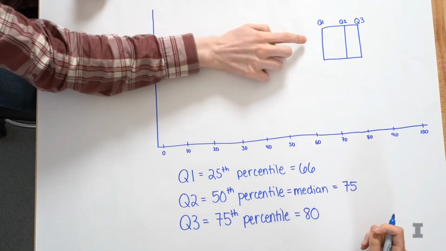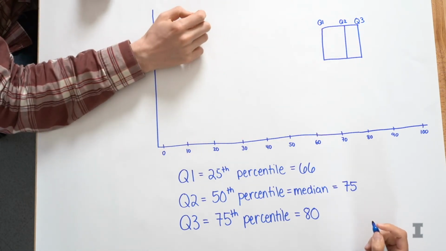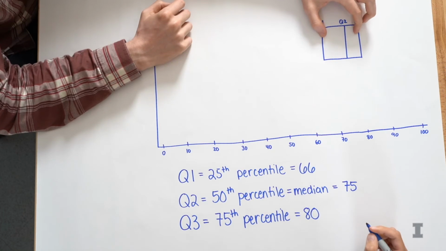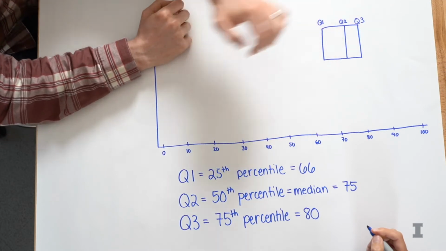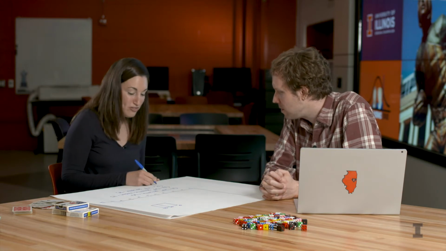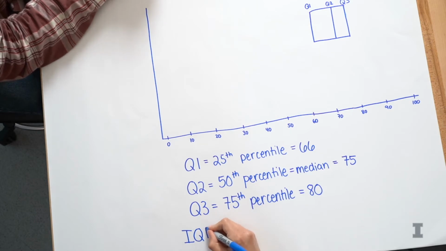Because Q1 and Q3 are the 25th and 75th percentiles, we know half the respondents felt that the data for we believe was somewhere between 66 and 80%. Yes, exactly. And there's actually a statistic that can tell us this as well. It's called the IQR, which stands for interquartile range.